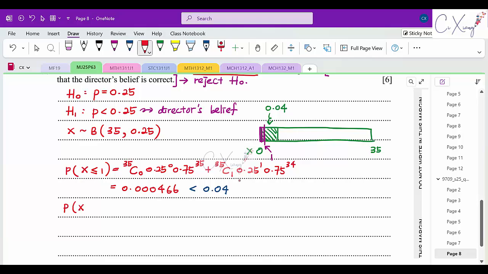Maybe I try the next value, 3. X smaller equals to 3 means you take the previous value at x equals to 2, and then also add x equals to 3.